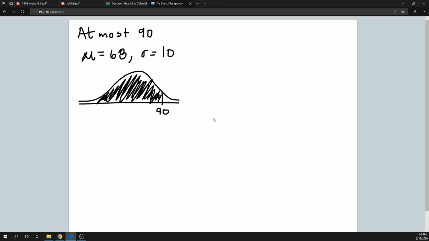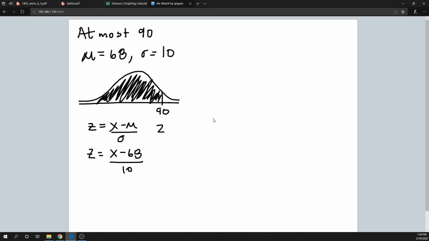Okay, so looking up the z-scores, we know the formula for z-scores is x minus mu over sigma. Mu is 68, our mean, and our standard deviation is 10. So that's our formula.